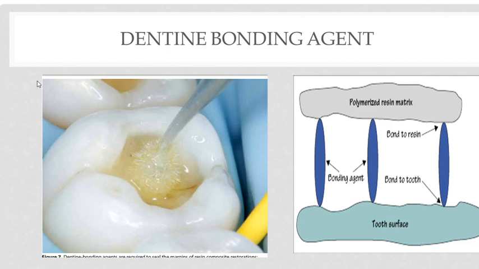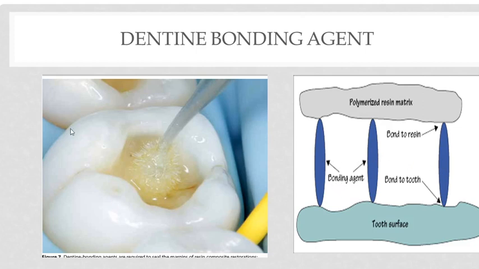Let's look at what happens and how we apply it. This is dentine bonding agent. It's applied like this with a brush on the dentin. This is how it looks in a diagram. This is the tooth structure, and this is the dentine bonding agent.